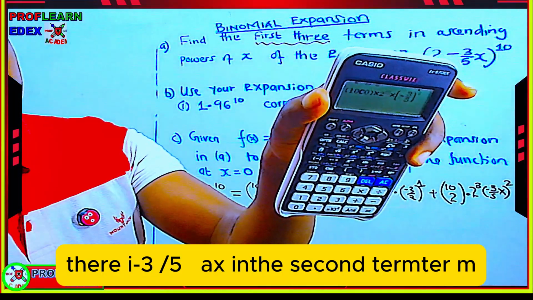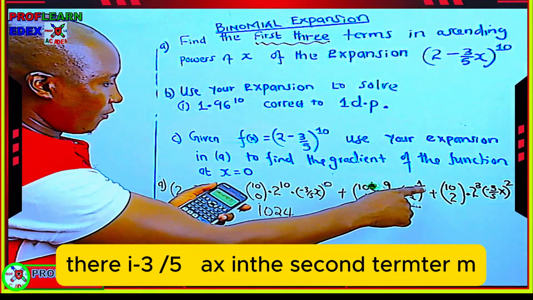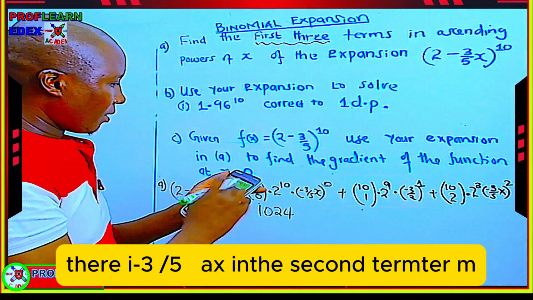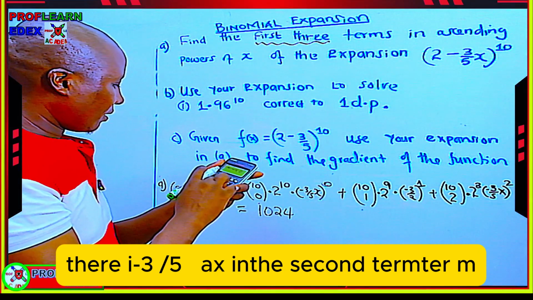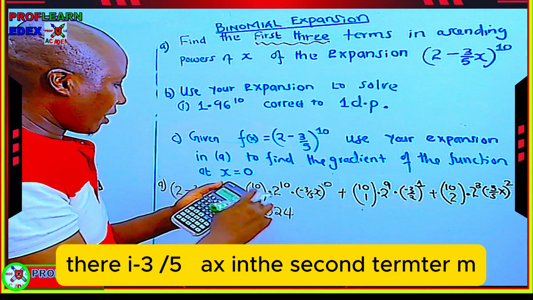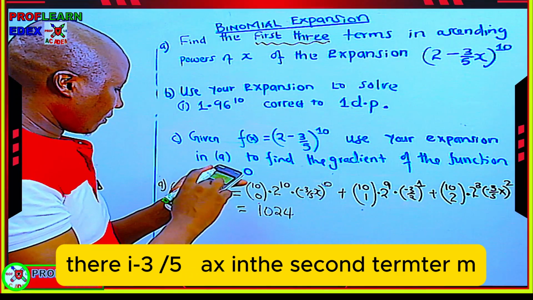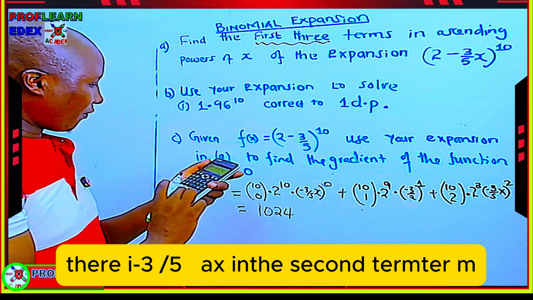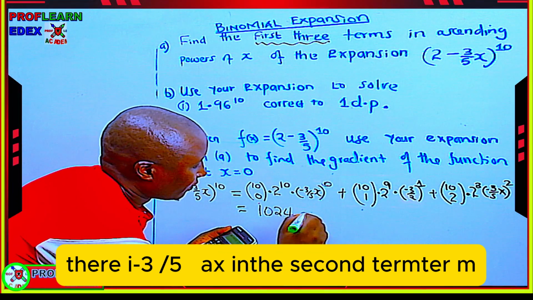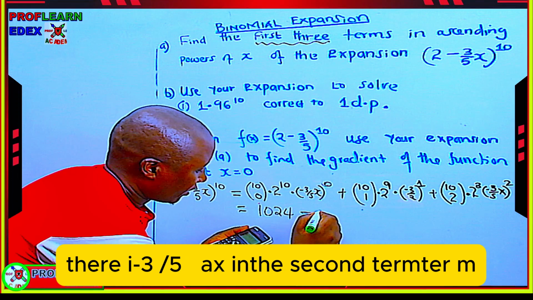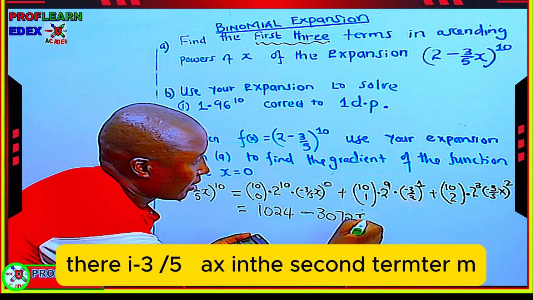So meaning I just need to edit whatever I'm having here. So here I have 1, so I should put 1 there, and the next term here for 2 I'll have 9, and then in the place of 0 I'll have 1 there. So if I expand that, I'm going to get negative 3072x.